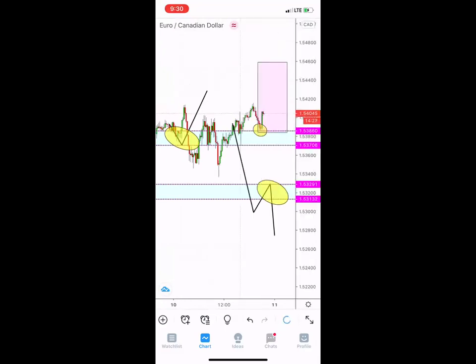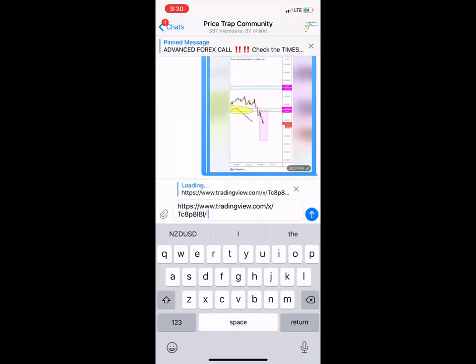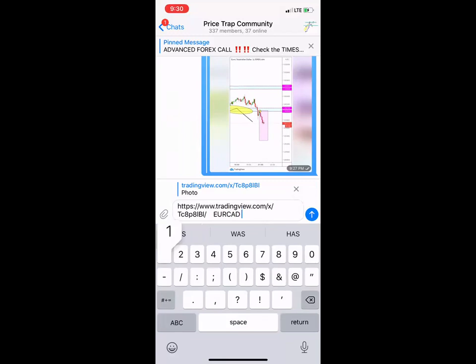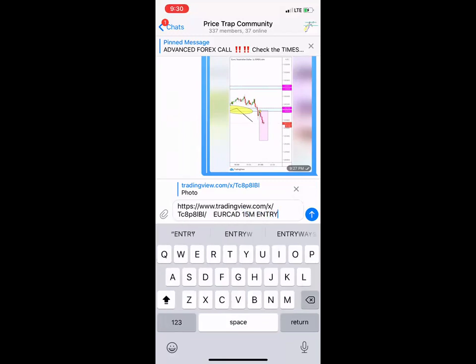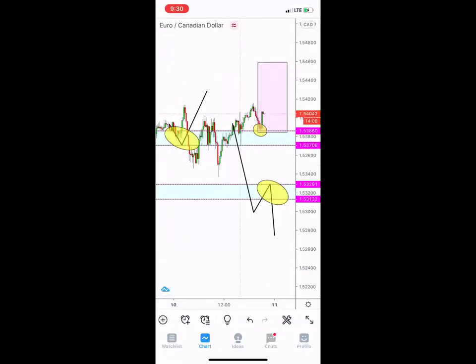So that's for Euro CAD. That was called out on the 1 hour for this harmonic scanner. Okay. Any questions on that one so far?